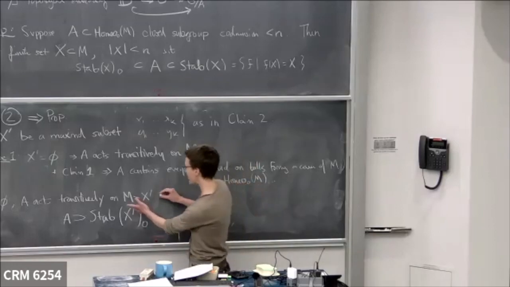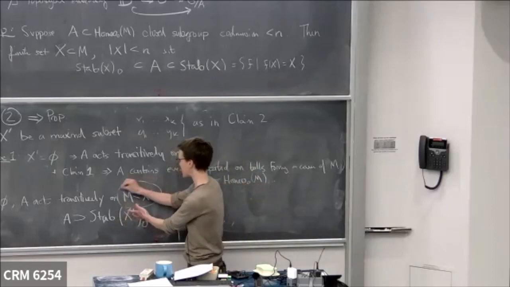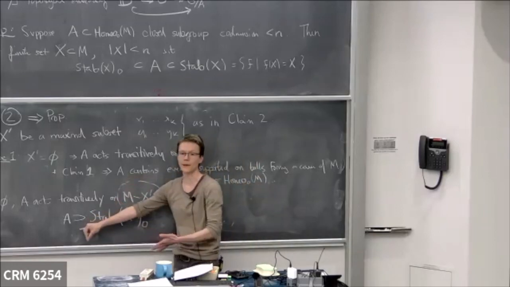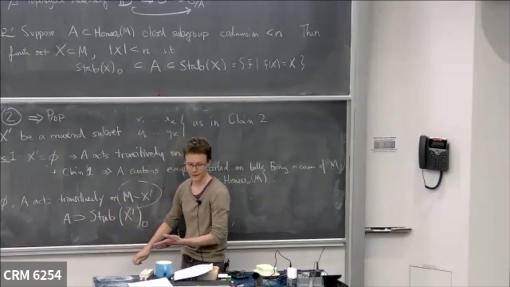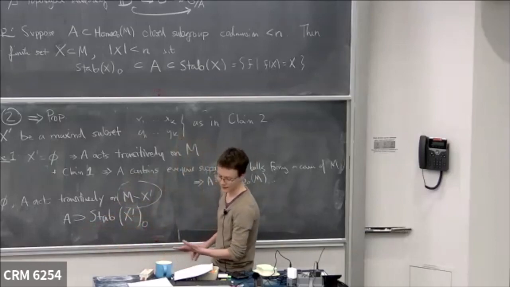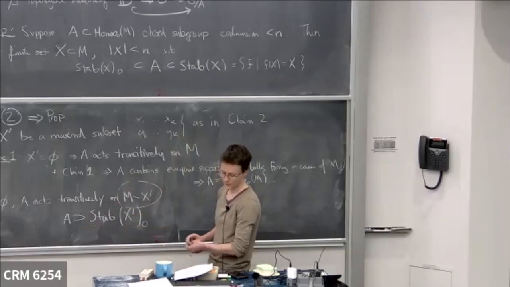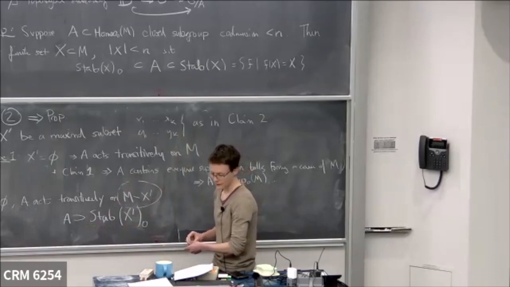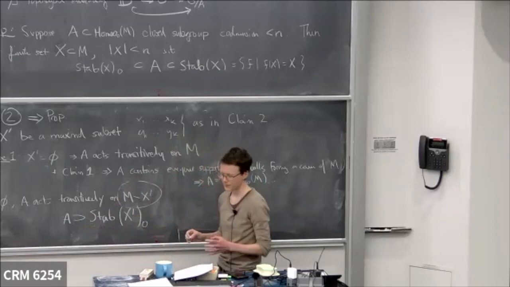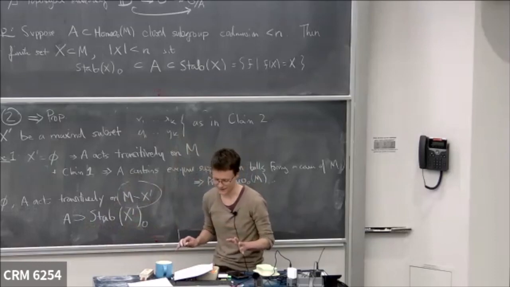Okay, and so what does that mean, right? It means that M minus X prime is contained in a single orbit of A. How do I want to phrase this succinctly?